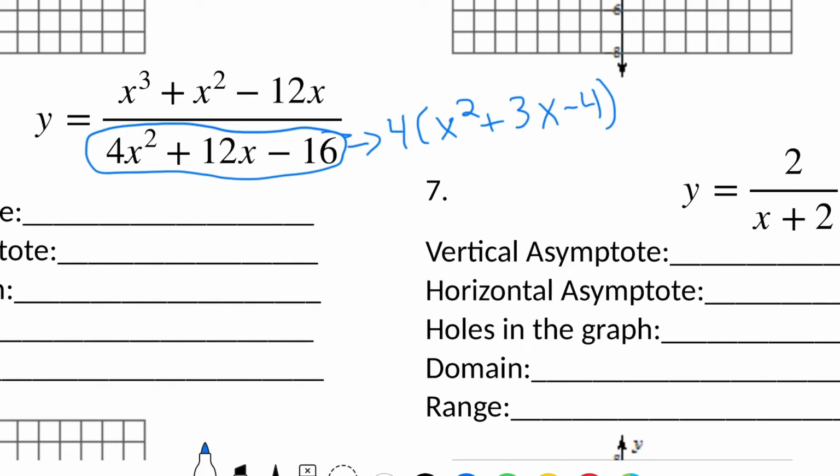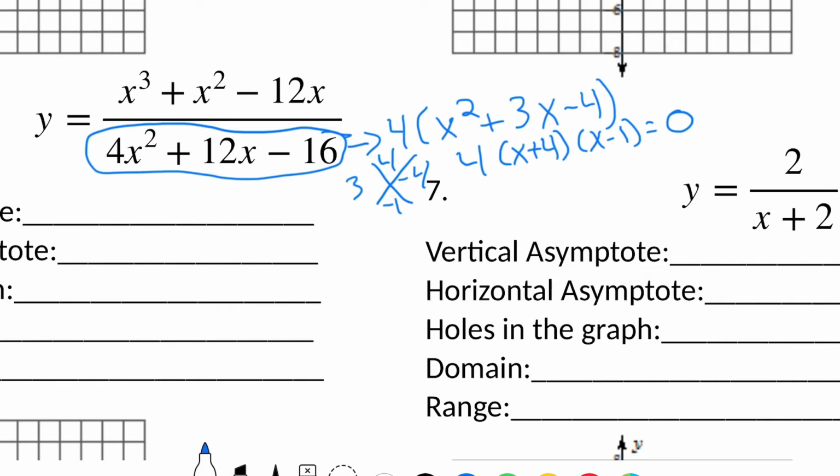Now, does our a equal 1? Yes. So we can do our big X method. 3 and -4. And we're going to get positive 4 and -1. So our denominator is 4 times x plus 4 times x minus 1 equals 0.